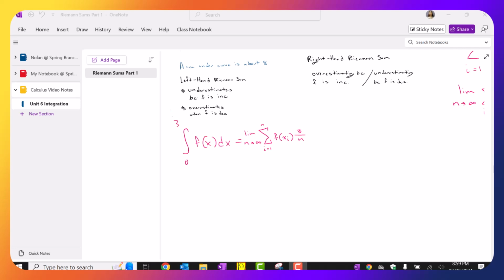I don't even know what I was drawing. i equals 1 to n. And then we have f of x sub i. Well, that's going to be x sub i squared plus 1. And that's all times 3 over n.